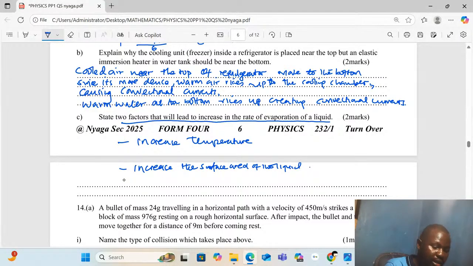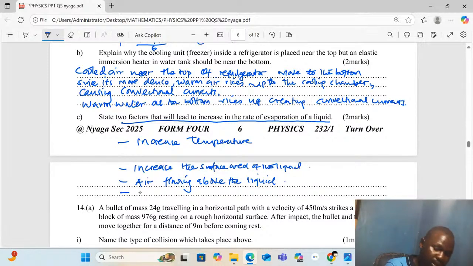And number three, in case we have wind flow, air flowing above the liquids.